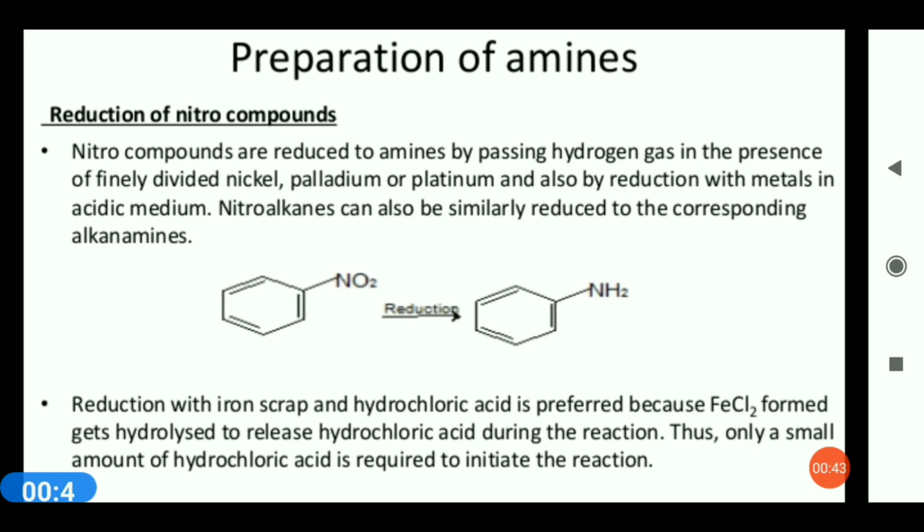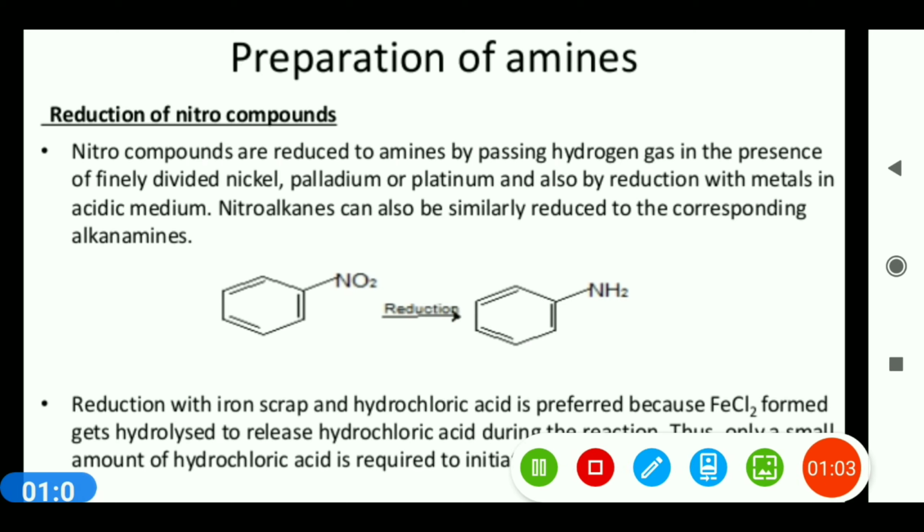Reduction with the iron scrap and hydrochloric acid is preferred because the FeCl2 formed gets hydrolyzed to release hydrochloric acid during this reaction. So only a small amount of HCl is required to initiate the reaction. Here you can see the reaction.